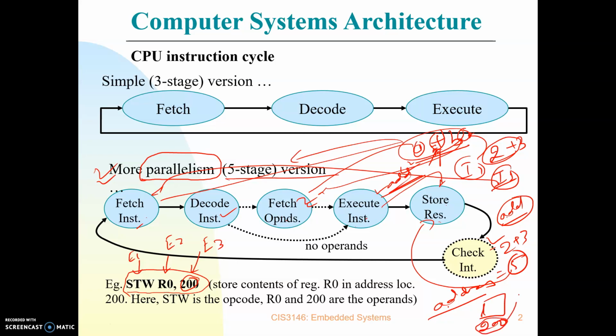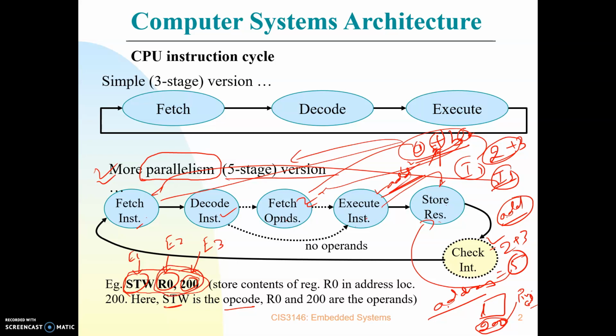It is very similar to a pin code in the memory. Then R0 is a temporary register, and STW is the operation which we want to perform. STW is the opcode. Opcode means the operation we would like to perform for these two.